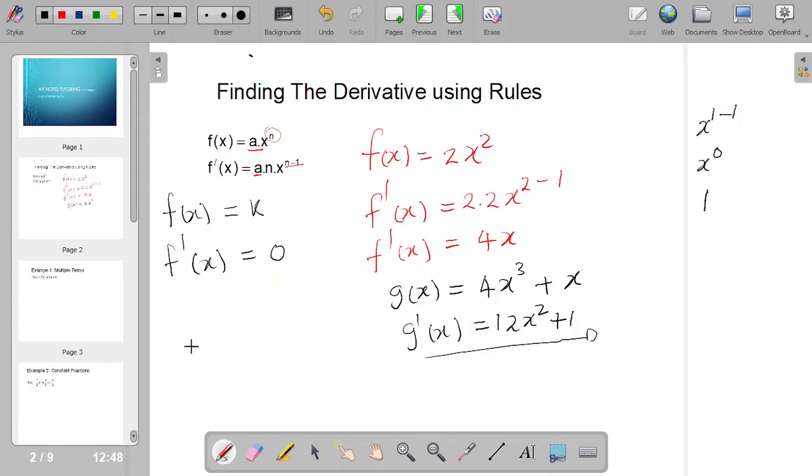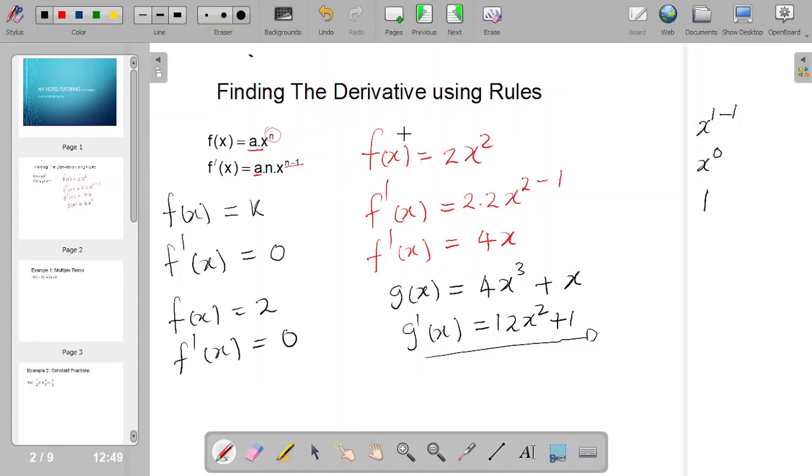So you must always remember that the derivative of just a number on its own with no variable is 0. If I give you f of x equals 2, then the derivative with respect to x will be 0. So this is the basic idea that we are looking at in these situations.